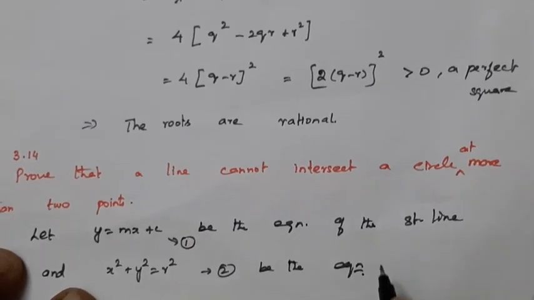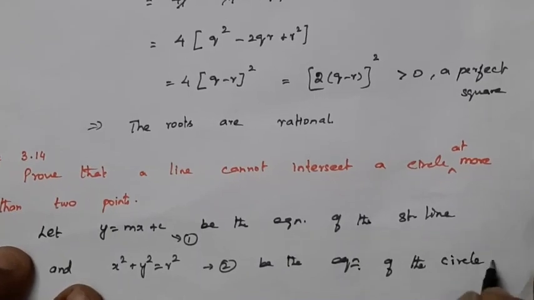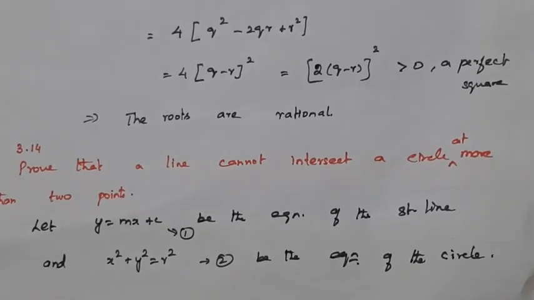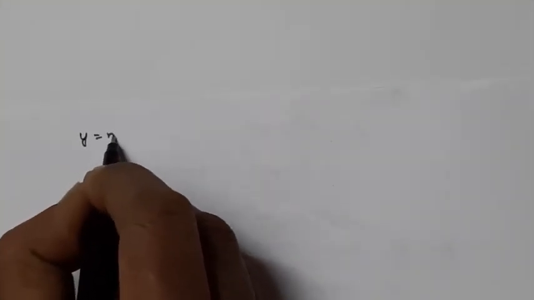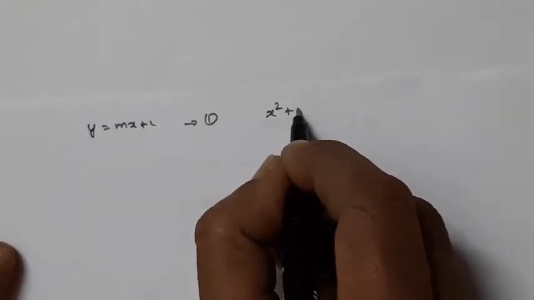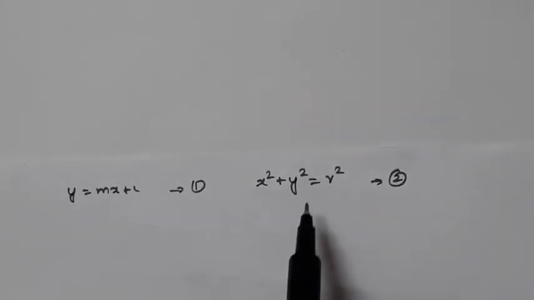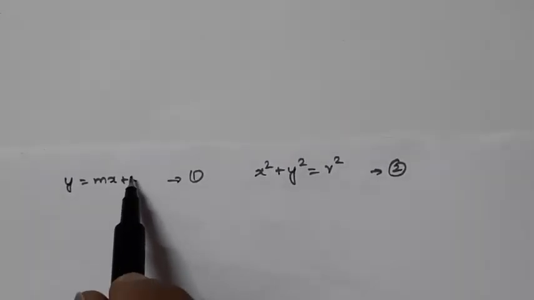Okay. To get the point of intersection of the line and the circle, we have to solve the two equations. So what are the two equations? Y is equal to mx plus c is the first equation, and x squared plus y squared is equal to r squared is the second equation. That is equation of circle, and this is equation of straight line.